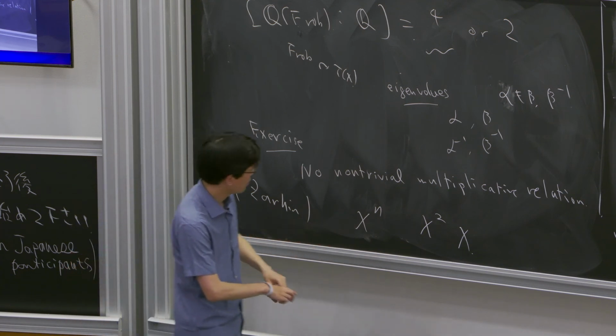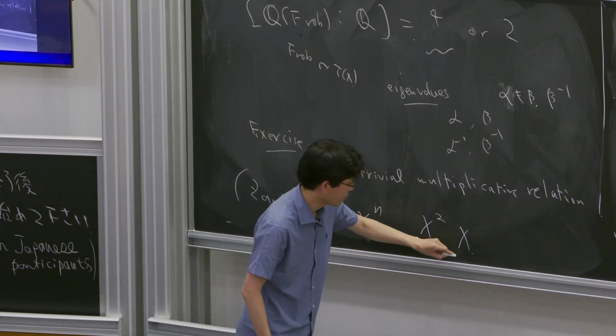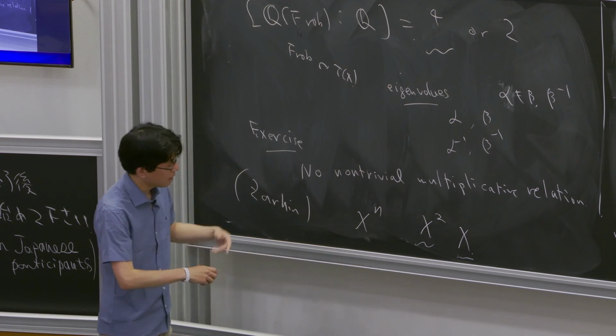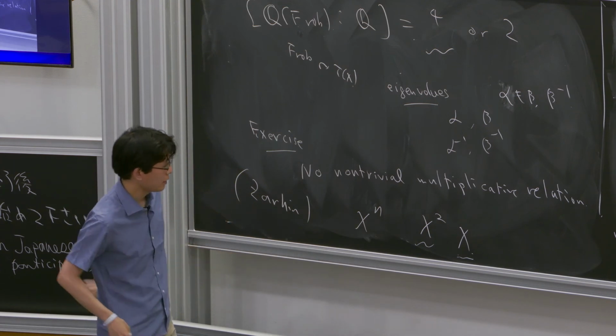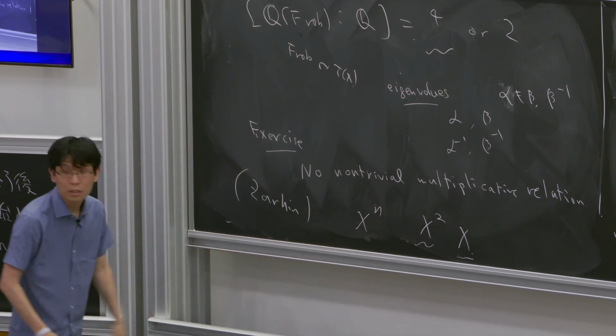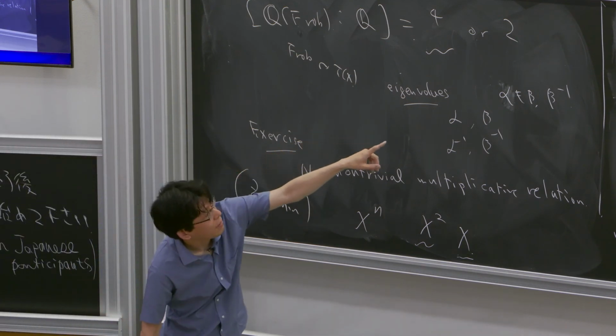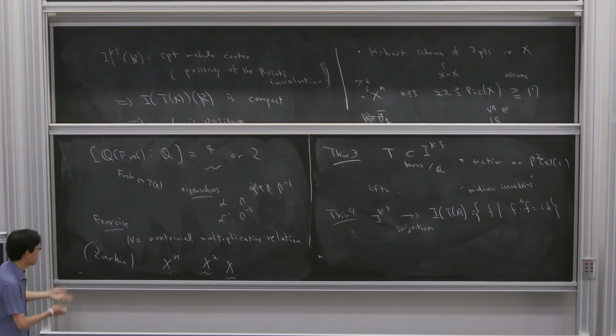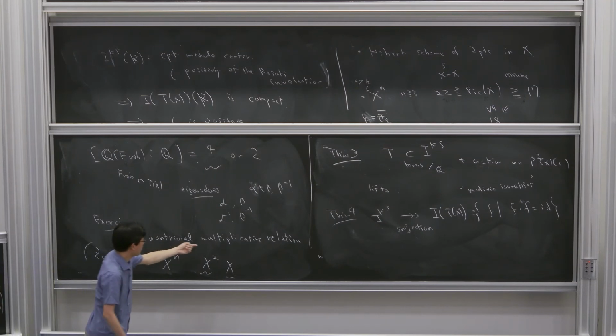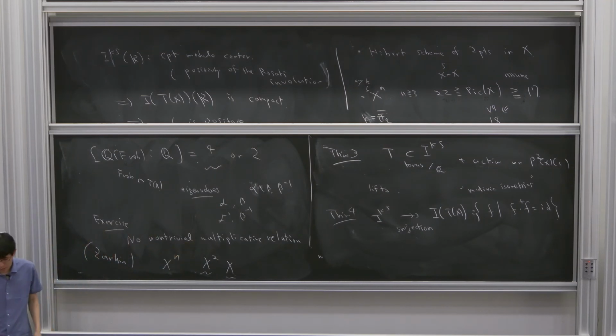So we just use the Hodge standard conjecture for X squared and X. There is a non-trivial argument in this reduction, but you can do that. And if the Picard number is smaller, then a non-trivial multiplicative relation can appear, and it's harder.